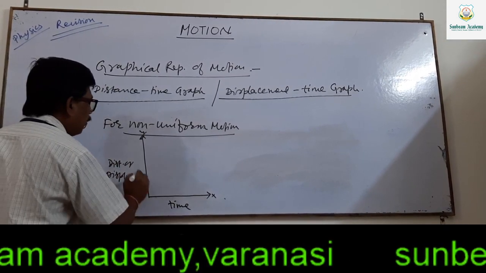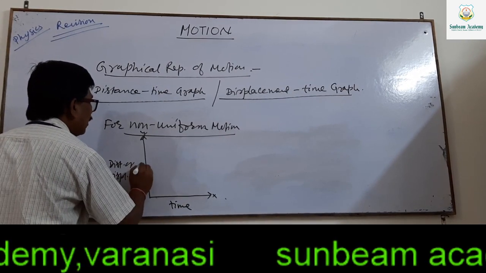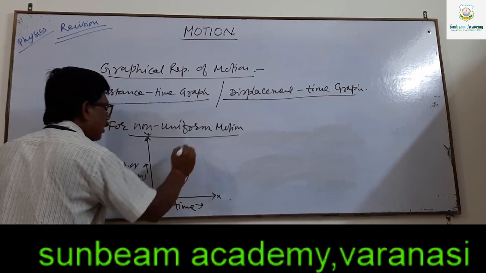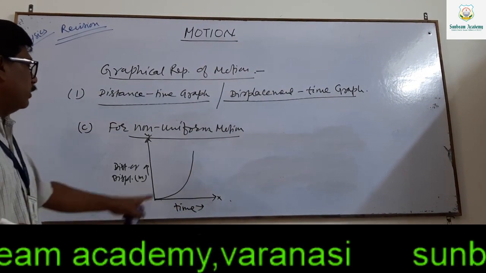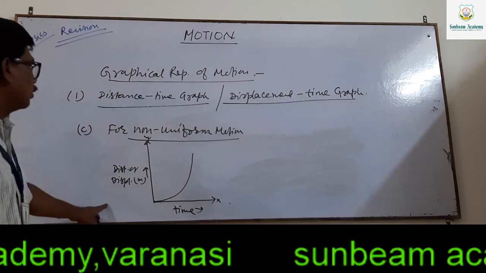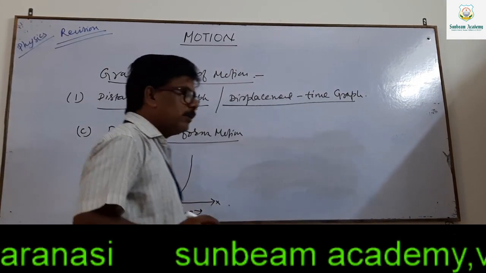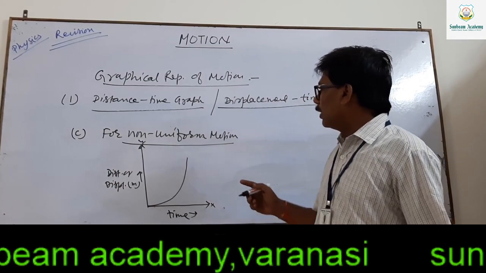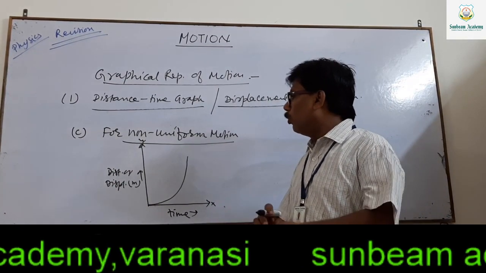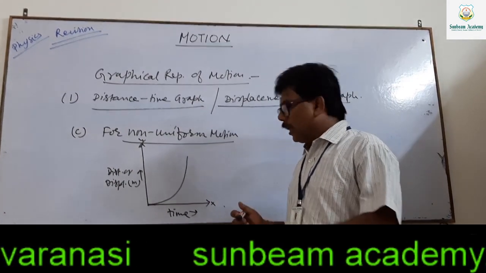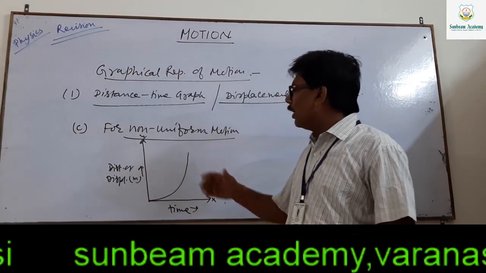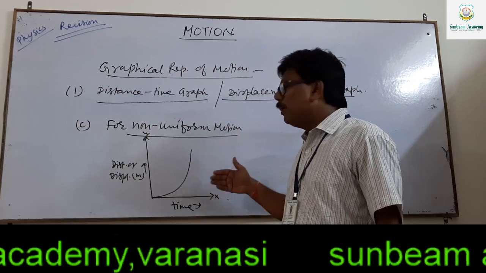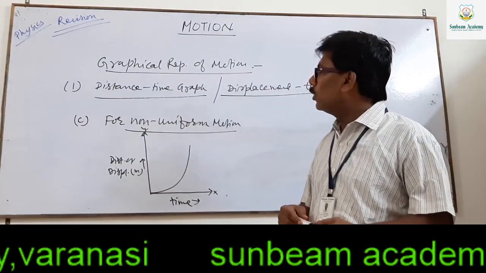For non-uniform motion, the graph is a curve. When the graph is in the form of a curve, this shows that the object is in non-uniform motion, meaning the distance or displacement covered by the body is not equal in equal intervals of time.